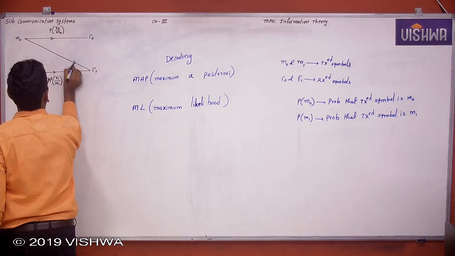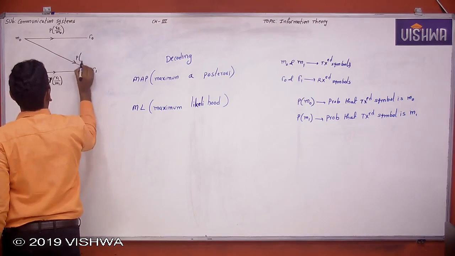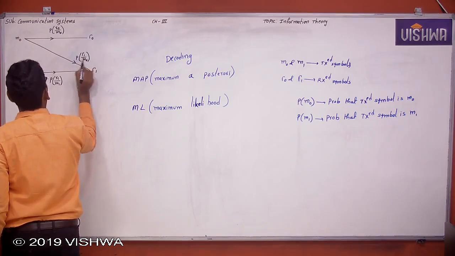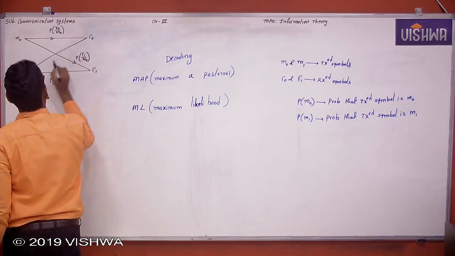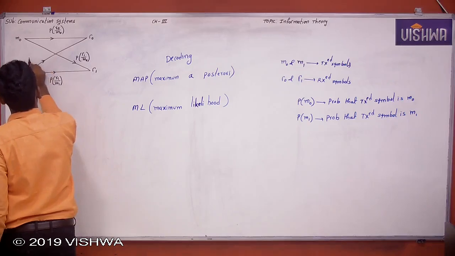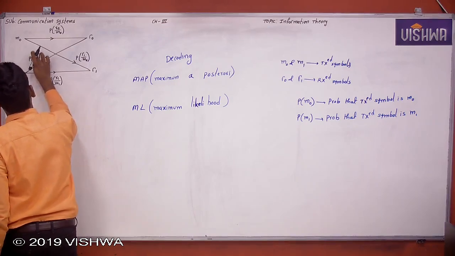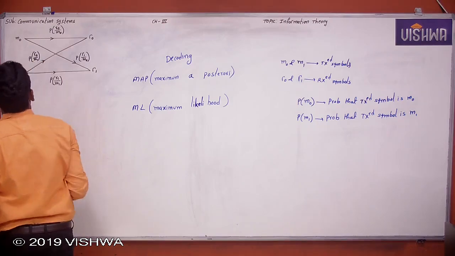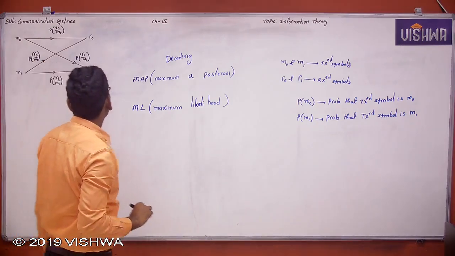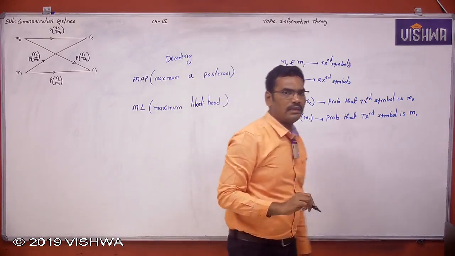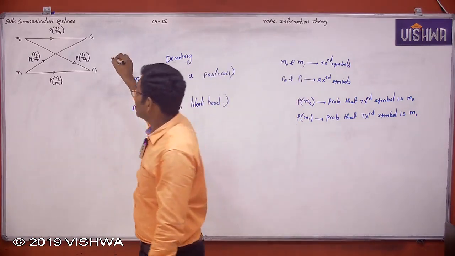Then there is the probability that R1 is received when M0 is transmitted, and the probability that R0 is received when M1 is transmitted.